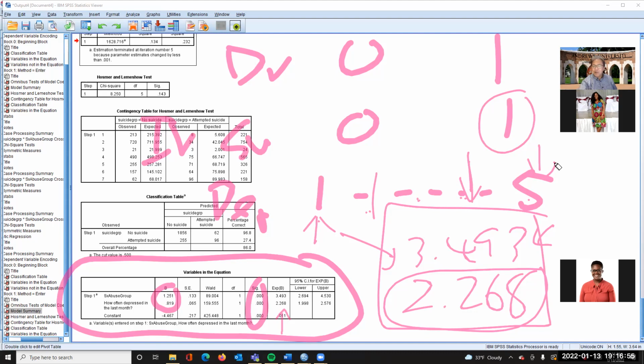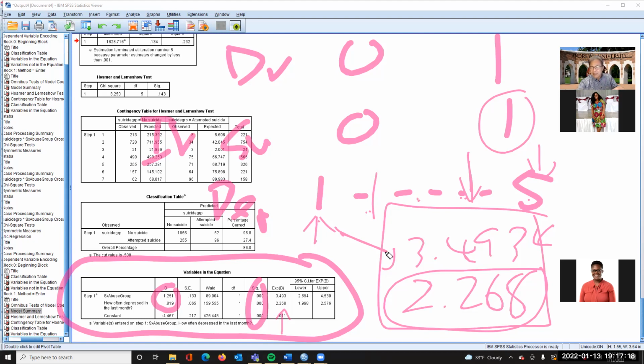So that's how you would interpret the odds ratio for variables that are continuous. In other words, we now have two predictor variables.